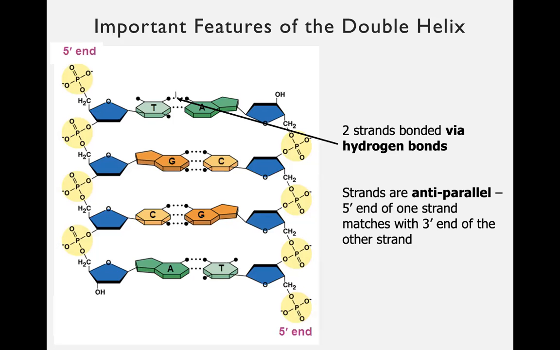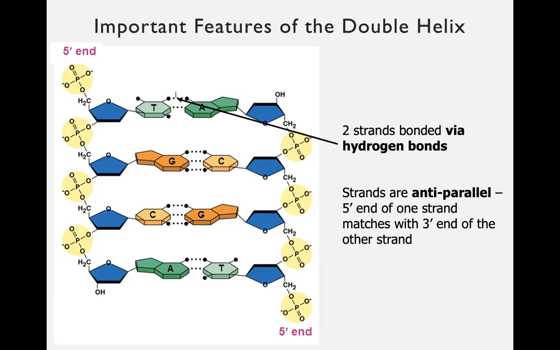Another important term is anti-parallel, which just means the two strands, here the left and the right, are oriented in opposite directions. What I mean by opposite directions is, if you remember, I mentioned the 3' end and the 5' end. This will come up a lot again today. You don't have to be able to identify it; I'll tell you what the 5' end is.